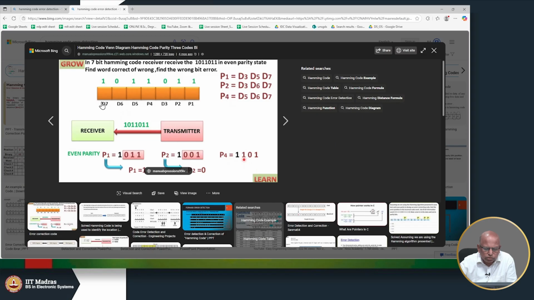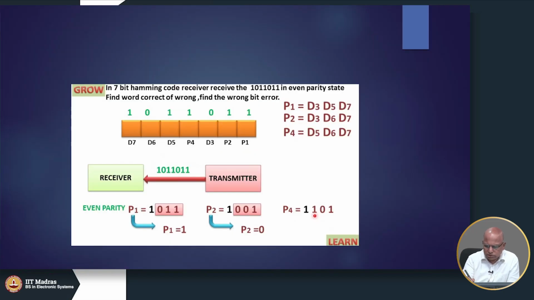As I told you, for 4 bits of data, if you want to be able to correct the data, you will need as many as 3 parity bits. It is almost doubling: instead of 4 bits of storage, we have to use 7 bits of storage. These positions are labeled 1, 2, 3, 4, 5, 6, 7.